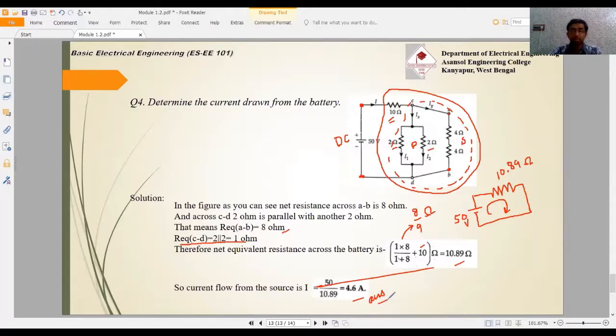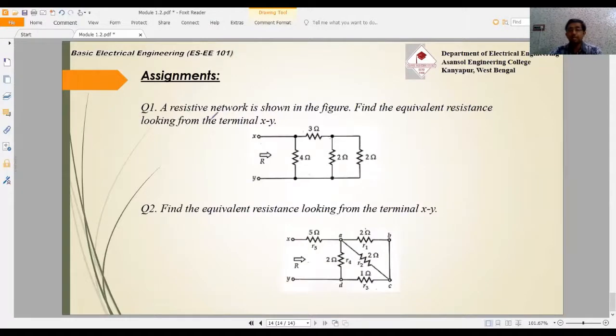Okay, now these are some assignments that you need to solve, and before the next class we will solve this assignment. Let me read it first. Question number 1, a resistive network is shown and you have to find out the equivalent resistance, that is R XY will be what?